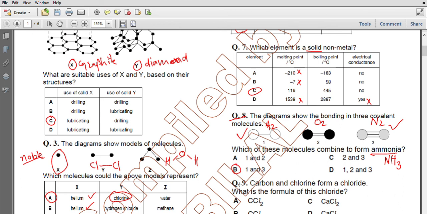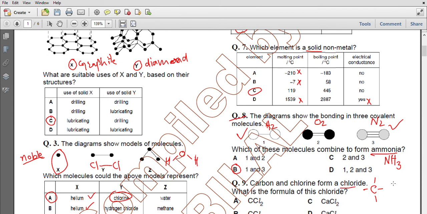The next question is 9. Carbon and chlorine form a chloride. What is the formula of this chloride? We discussed in question number 5 that carbon can make 4 bonds at a time, here, here, and this. Whereas chlorine, being a member of group 7, requires only 1 electron to complete its valence shell.